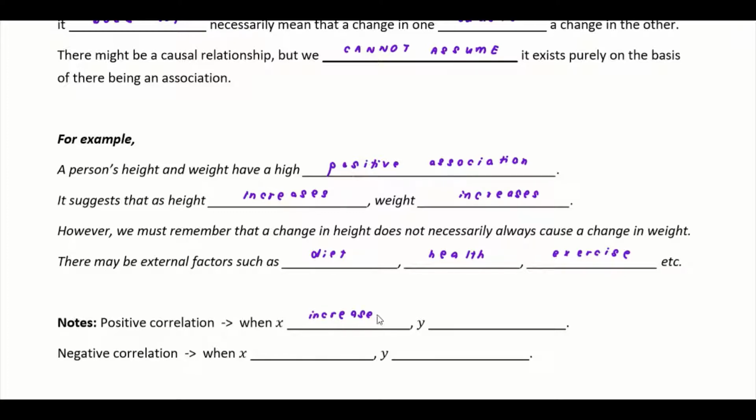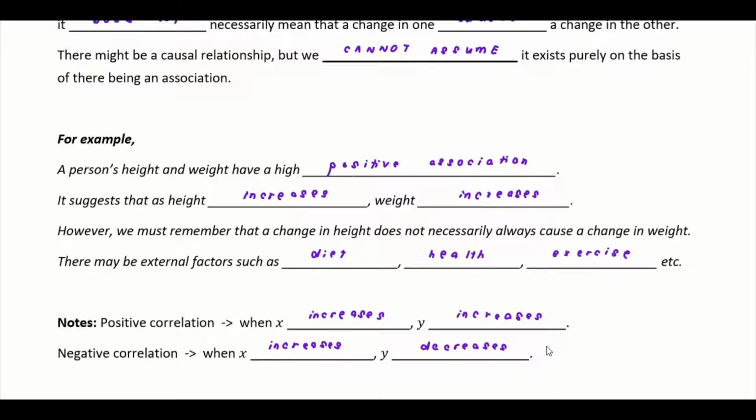For example, weight and height have a positive association, so when height increases, the weight increases. It's the same when X decreases, then Y will decrease. Basically, what happens to X happens to Y. Negative correlation is the opposite, which means that when X increases, Y will decrease. Okay, so that's the idea of it.